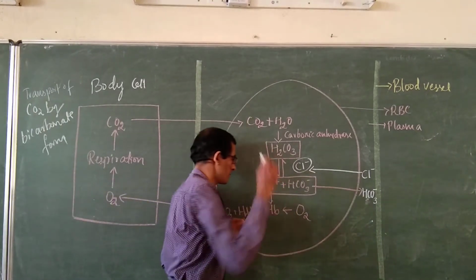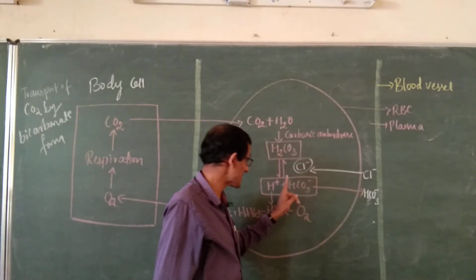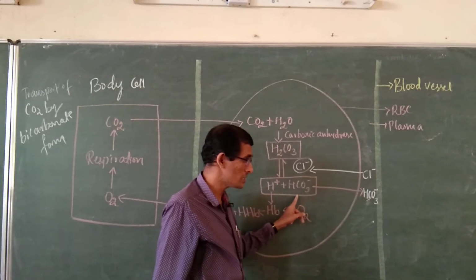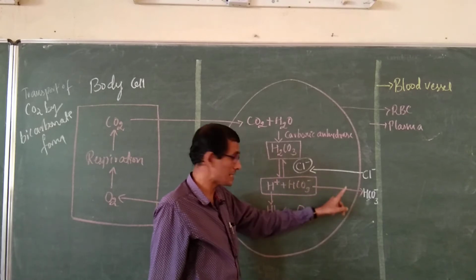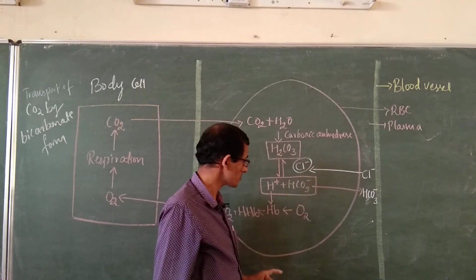Now, coming to this one: HCO3- plus H+. This HCO3- bicarbonate dissociates from the RBC into the plasma.